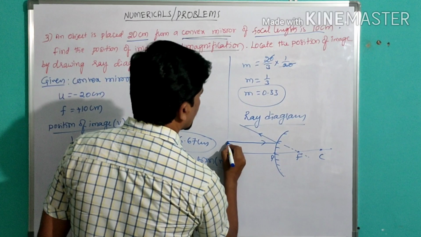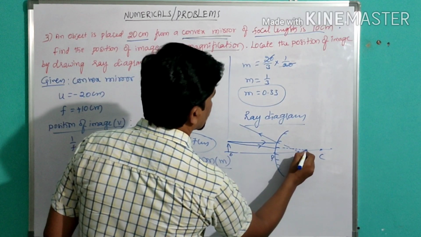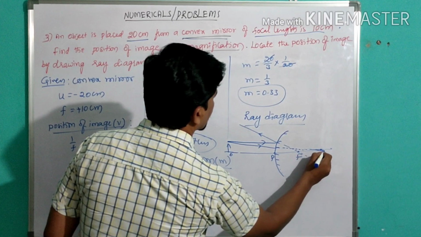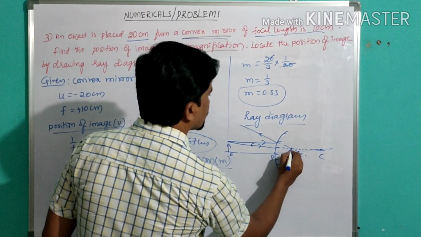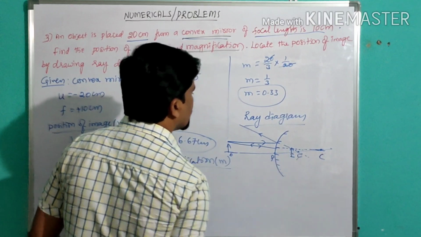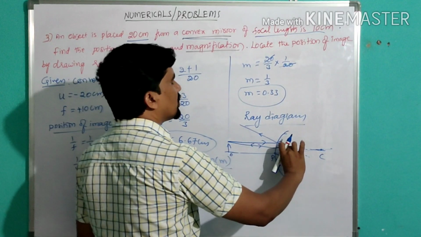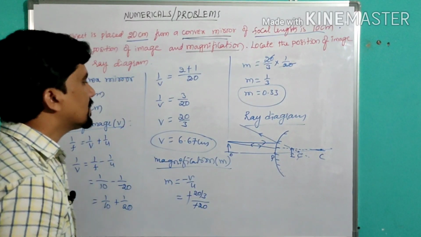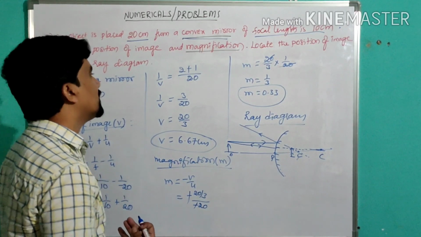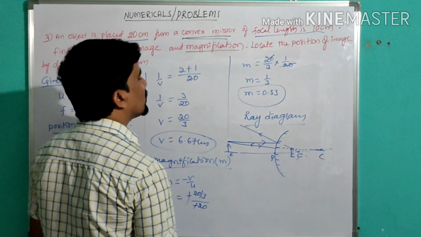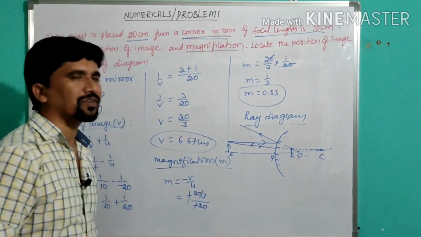Next, third rule. Here these two are intersecting, which gives the image. This is the height of the object, this is the height of the image. The height of the image is shorter than the height of the object. That is how many times? 1 by 3. One third image will form. This is the location of the image.